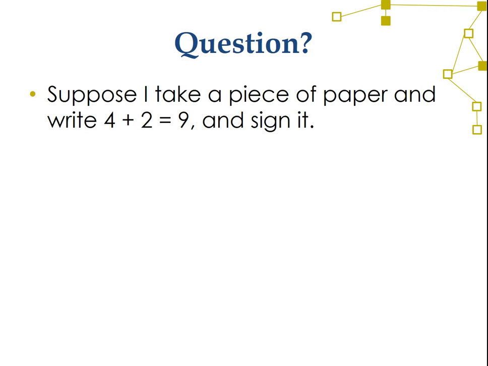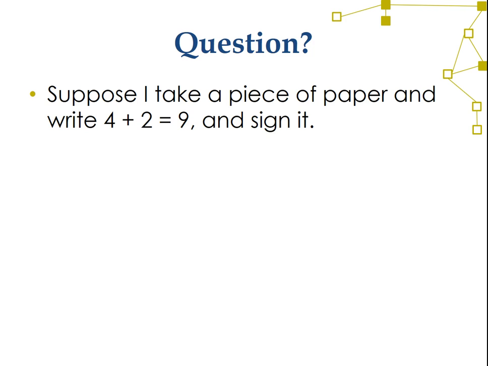Now, it's obvious that my addition is not accurate. However, if we were all in the classroom together and I did this in front of you, if this piece of paper were to be introduced into court, you could in fact authenticate it. Well, why? The reason is because you saw me prepare it. You saw me write it.